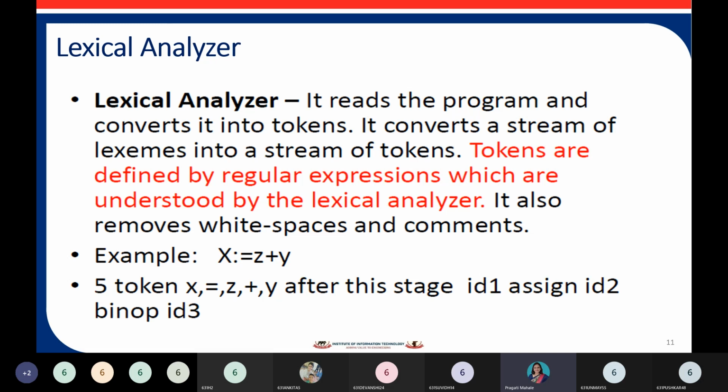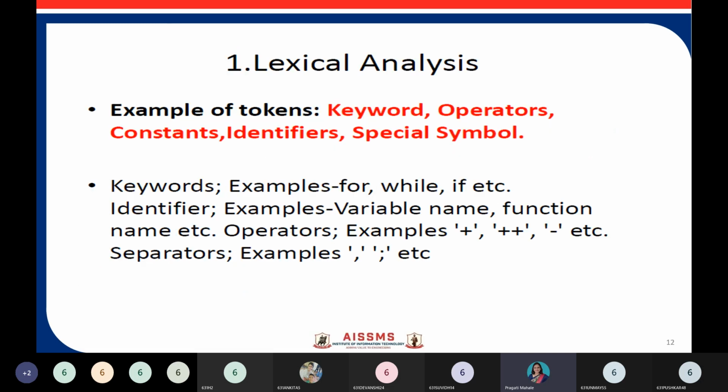Like here, X is a token, the equal to sign is a token, Z is a token, plus sign is a token, Y is a token, whereas the white spaces would be considered as non-tokens. Keywords are also considered as tokens.